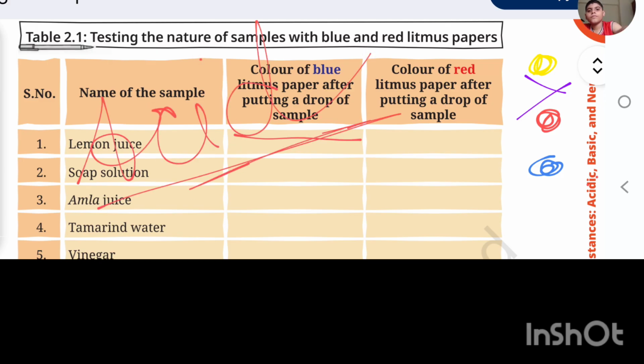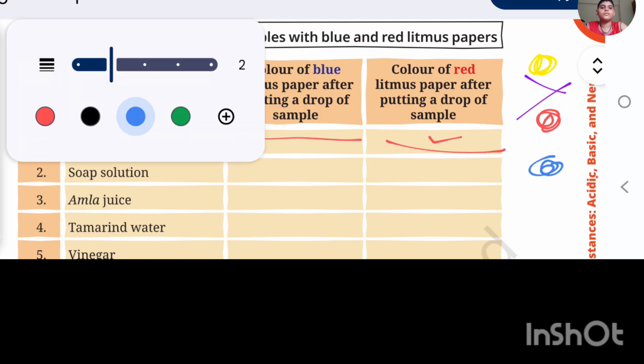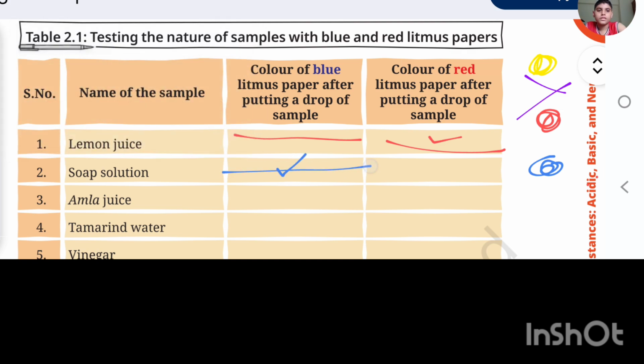Okay. Now, next one. Red will change to red only. Red will remain the same. If it remains the same, I will put a tick. Okay. Soap solution. Soapy solution. Same only. Just slash and same. No change. Okay.